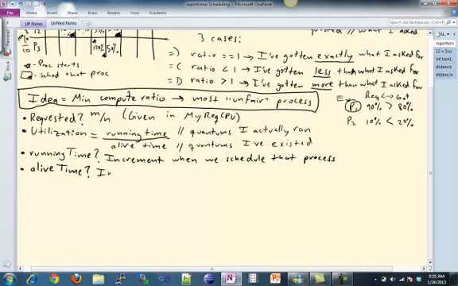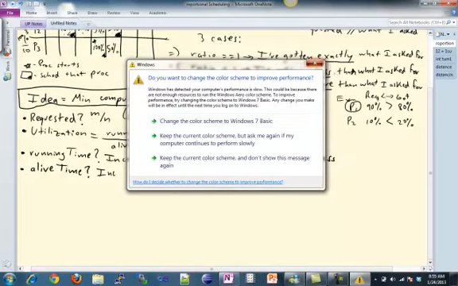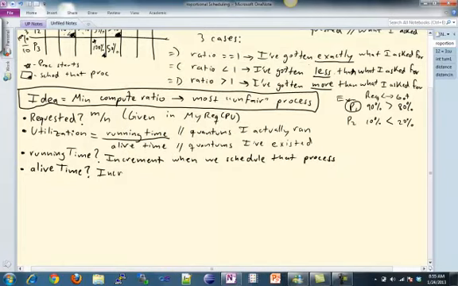So this one we want to increment every quantum that passes for all valid processes.